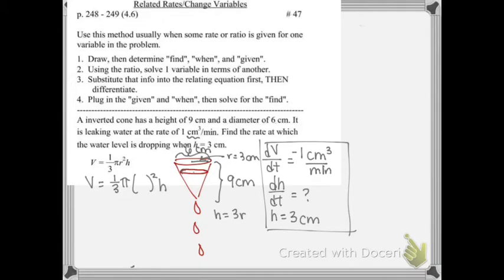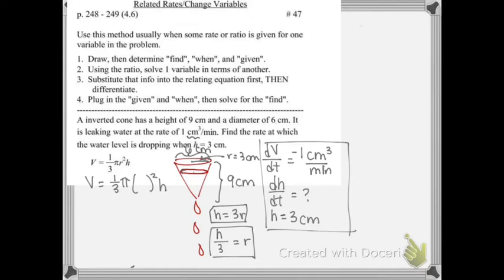Since the radius is 3 and the height is 9, if we divide that height by 3, we're given the radius. That relationship between the height and the radius stays true no matter how much water is left in the cone. So the height of the water is always 3 times the radius of the water.